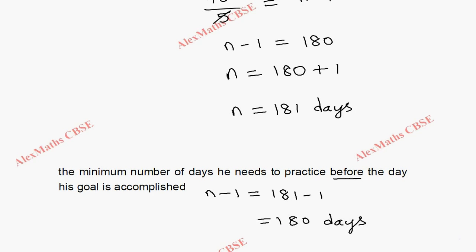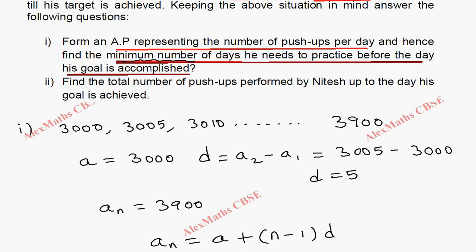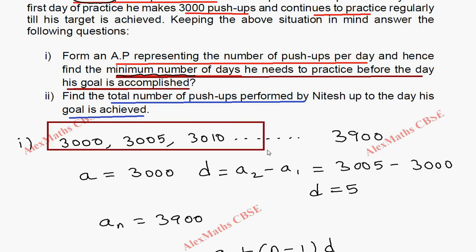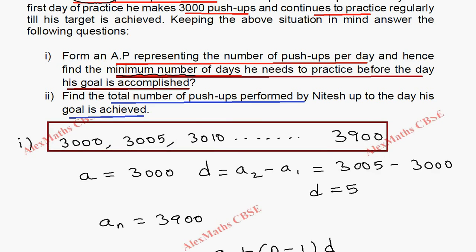days. Then coming to the second subdivision, find the total number of push-ups performed up to the day his goal is achieved. So the total number of push-ups, in the sense we have to find the number of push-ups made from this practice.